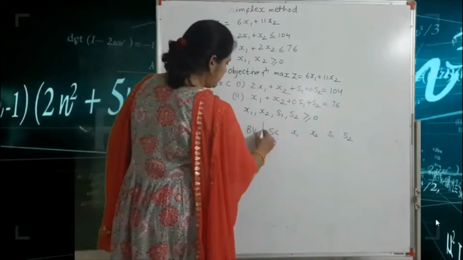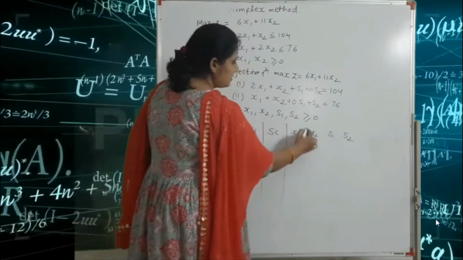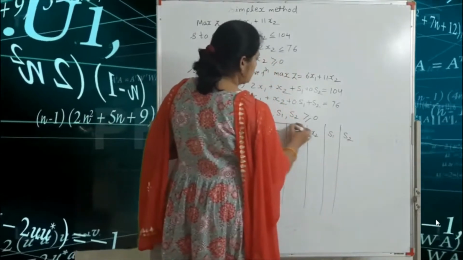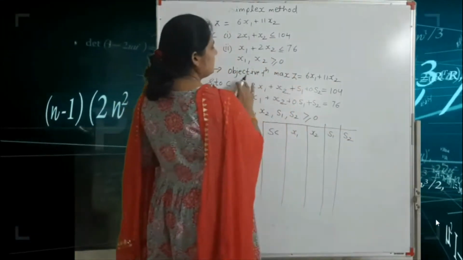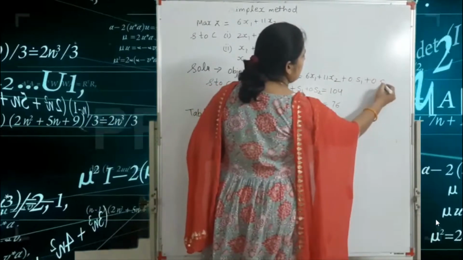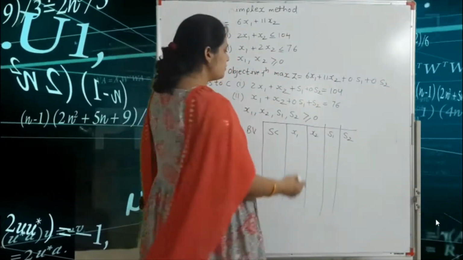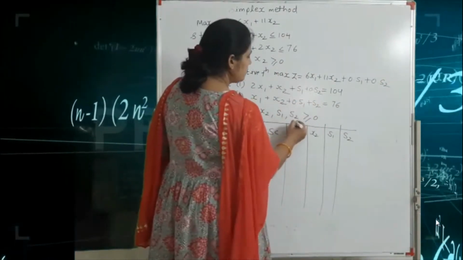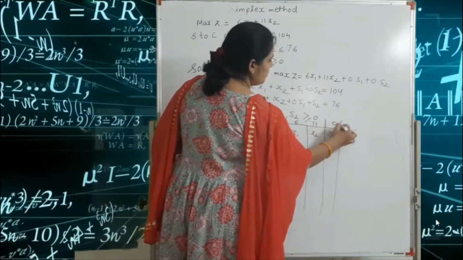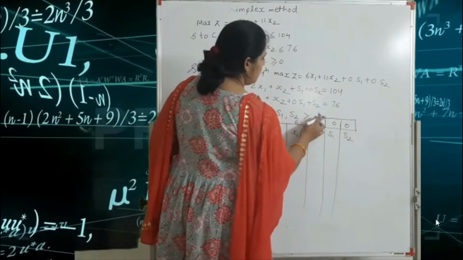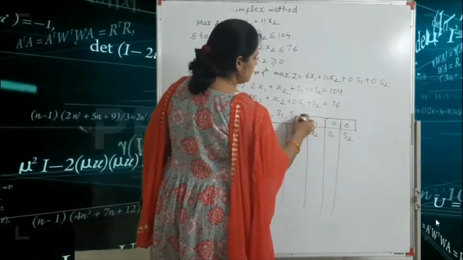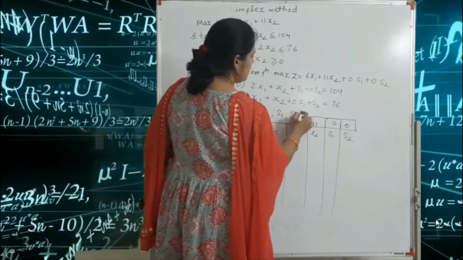Then we write the coefficients of x1, x2, s1, s2 according to our objective function: 6 for x1, 11 for x2, and 0 and 0 for s1 and s2.